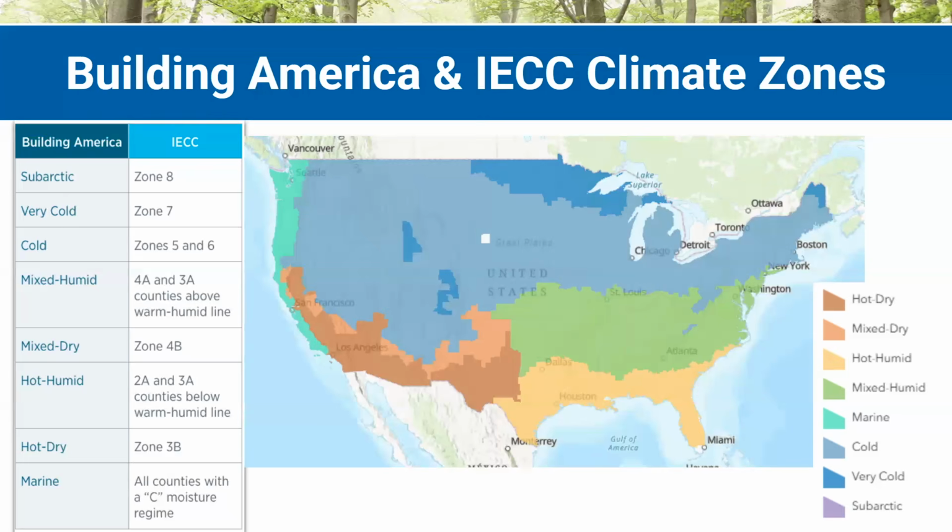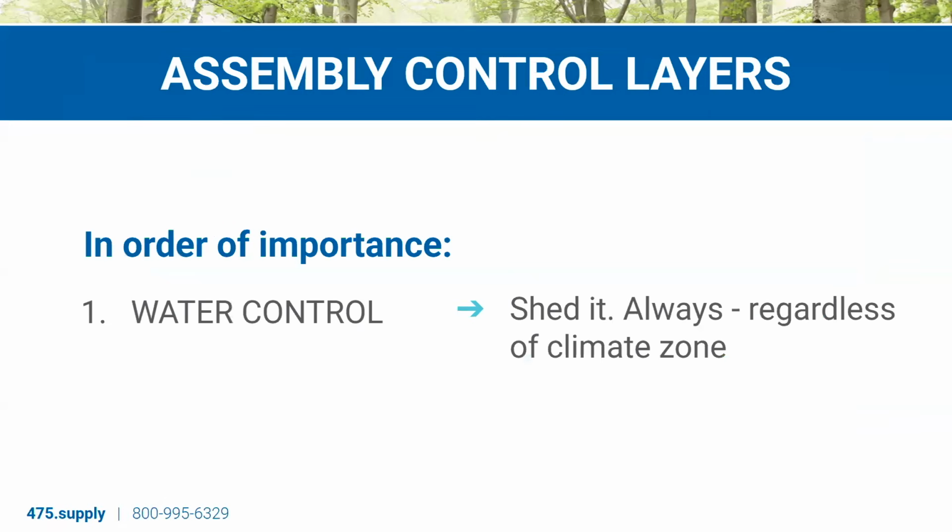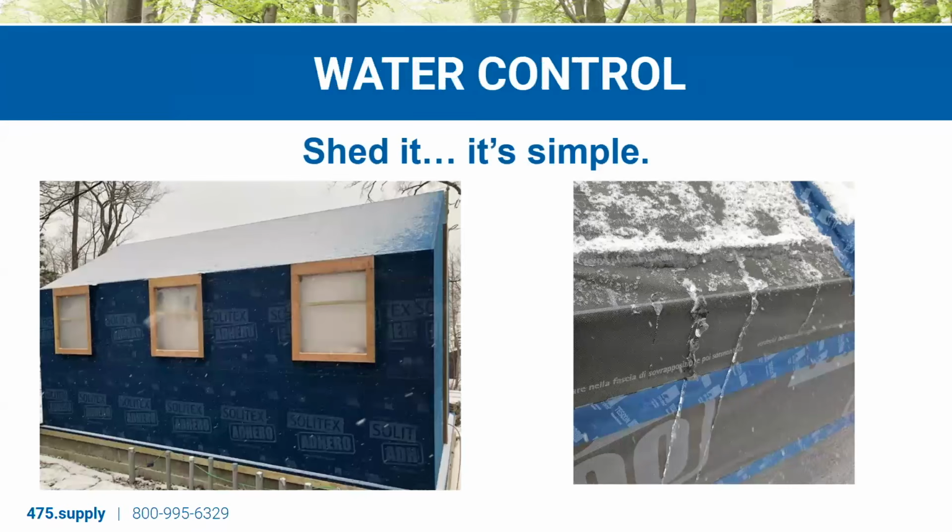But these are really helpful guiding principles for when we're designing our wall and roof assemblies, typically our above grade walls. So back to that order of importance of shedding the water, that is really number one. That is regardless of your climate zone. You want to keep the building dry if it's humid out or if it's dry out. We want to shed the water away from the building.